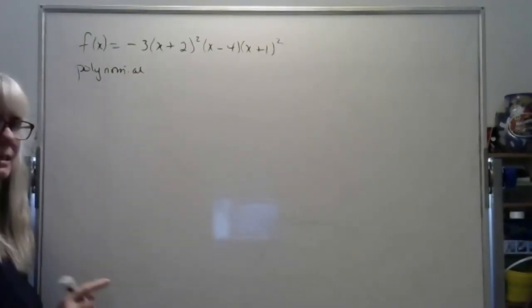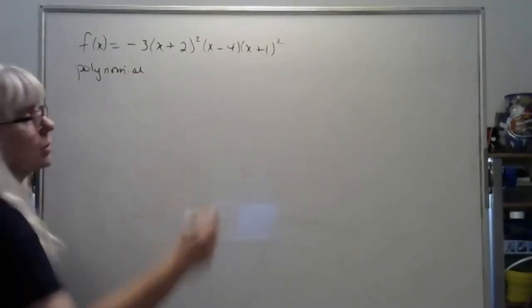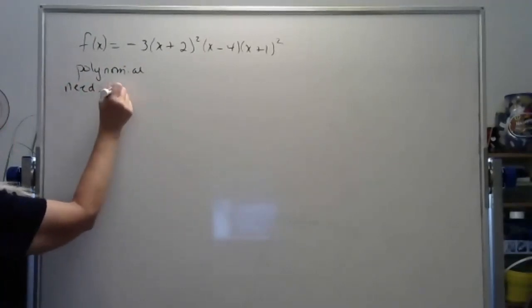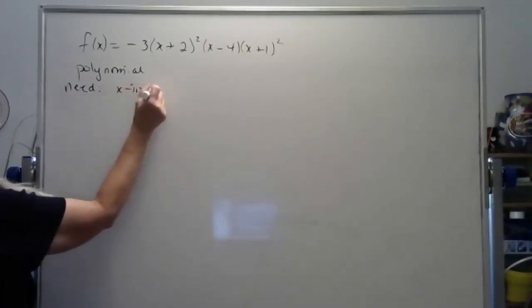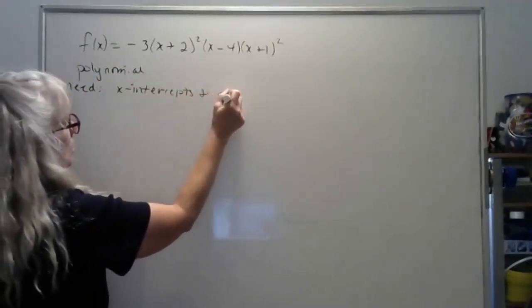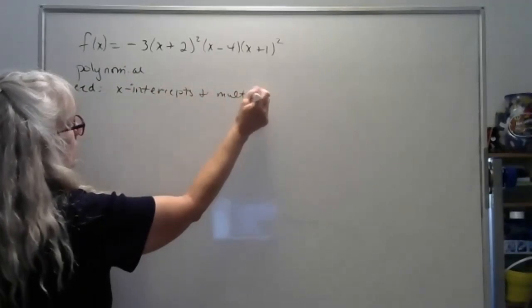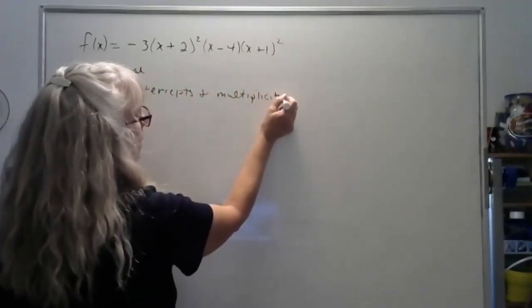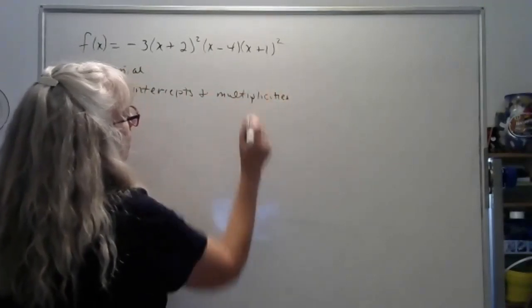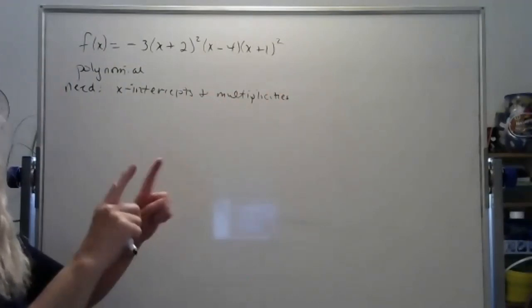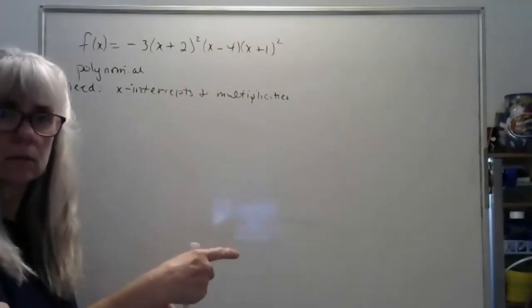So we expect a nice, smooth, continuous curve. In order to graph it, we need those x-intercepts and their multiplicities. Why do I need their multiplicities? What is that going to tell me? It's going to tell us not the end behavior, but whether it's bouncing or crossing.